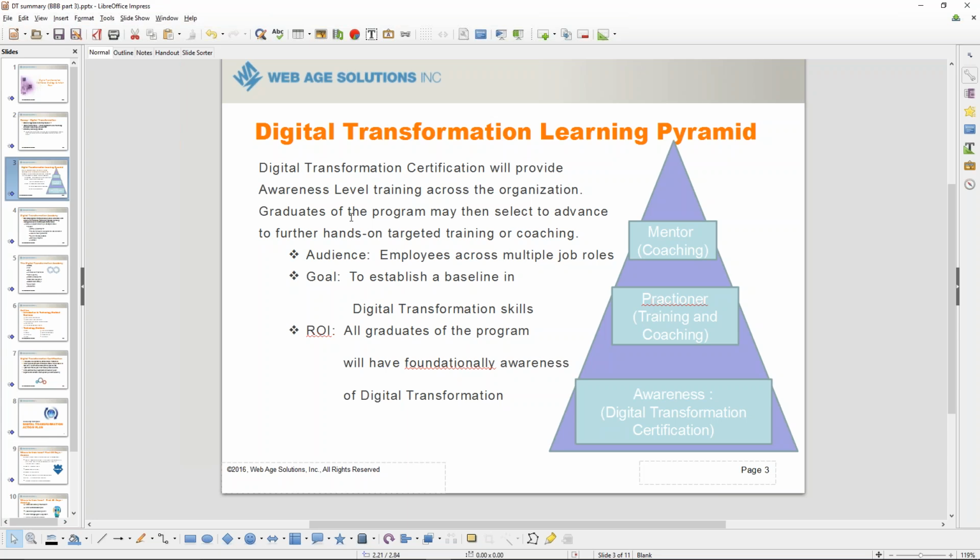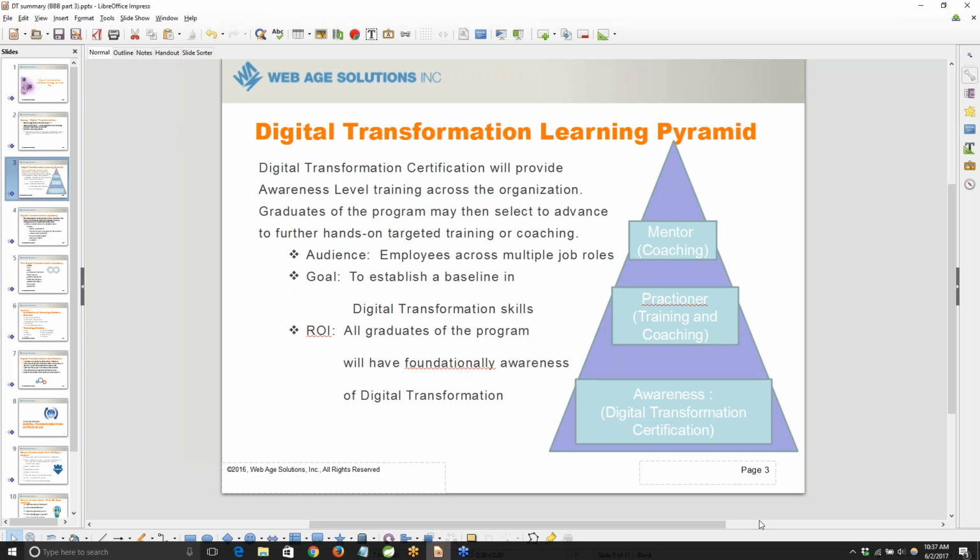First thing you would want to do is you would want to get some sort of baseline awareness, right? I've been involved in a number of transformations. One of the baseline things we try to do with digital transformations is we go through and say, okay, we need a baseline level of education for an organization.